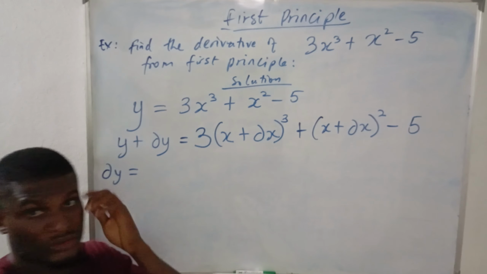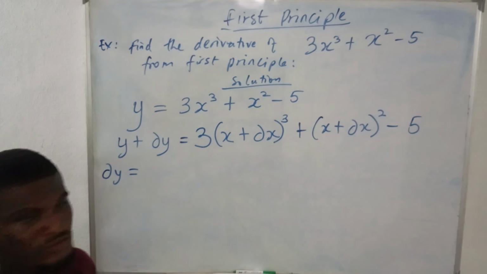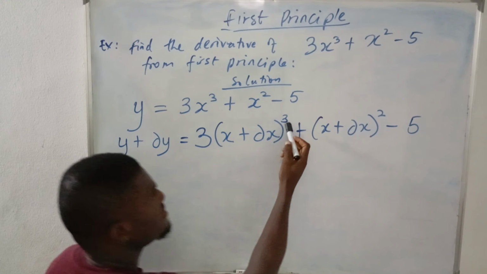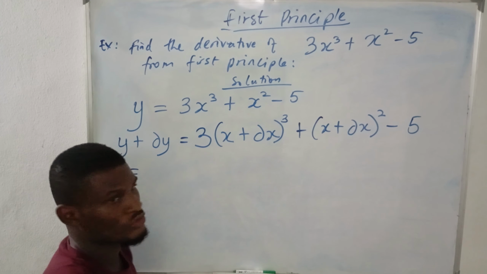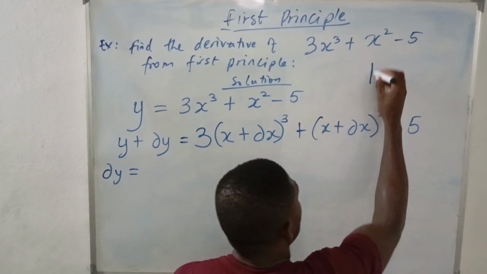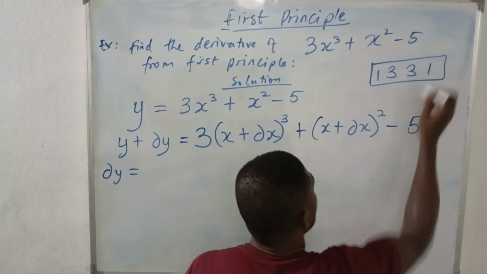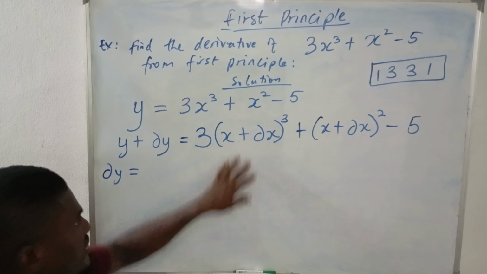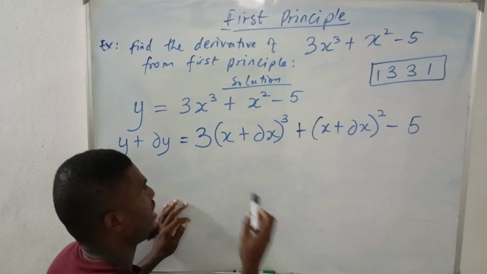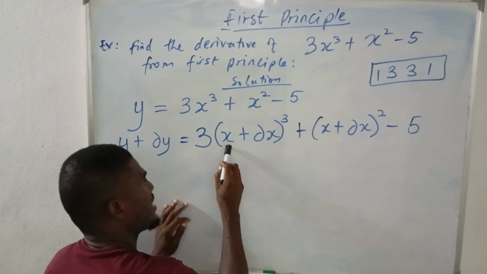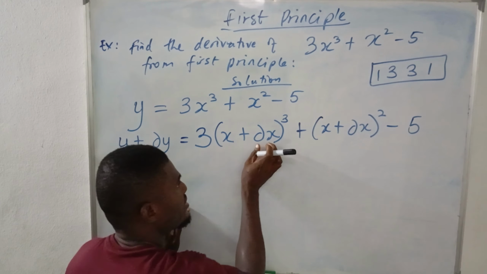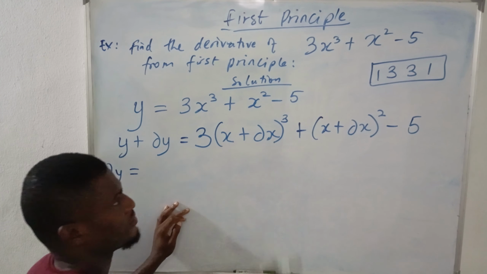So now let's use our Pascal triangle to solve here. Since this has a power of 3, you should take note that the coefficients you're going to use would be 1, 3, 3, 1. And in this particular case, our A is x, while our B is dx.